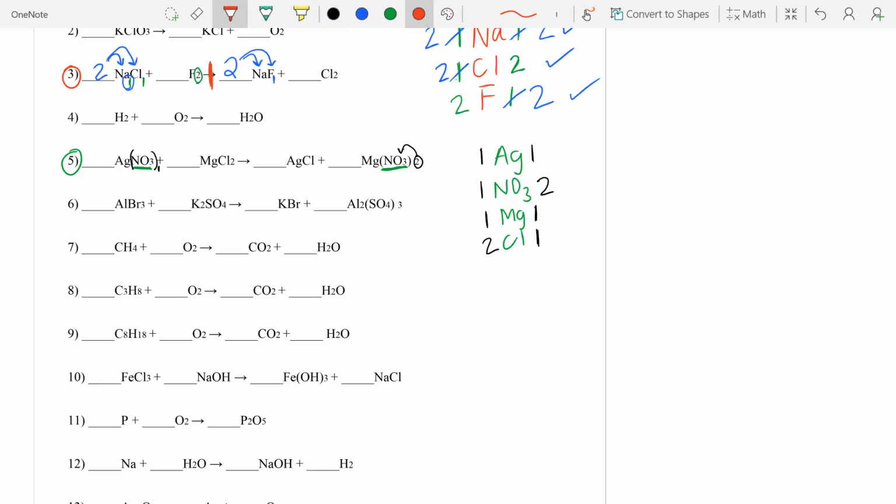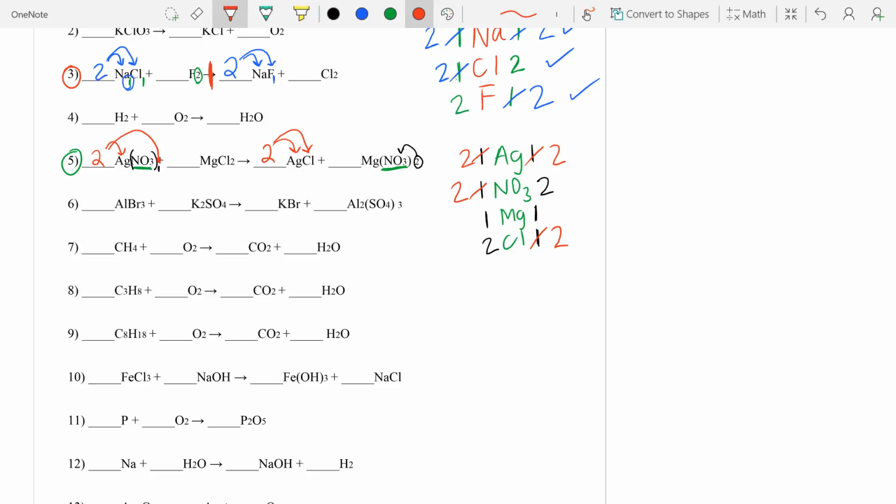If I change my chlorine, the left side is going to need to be multiplied by 2. So 2 times 1 chlorine is 2, and 2 times my 1 silver is 2. And now if I fix my silvers, now that I've messed those up, I can put a 2 in front of the silver on the left side, and 2 times my 1 silver is 2, and 2 times my 1 nitrate will give me 2 nitrates.